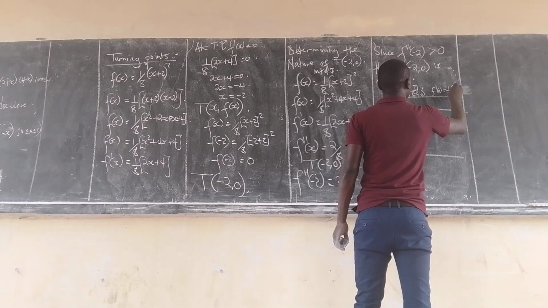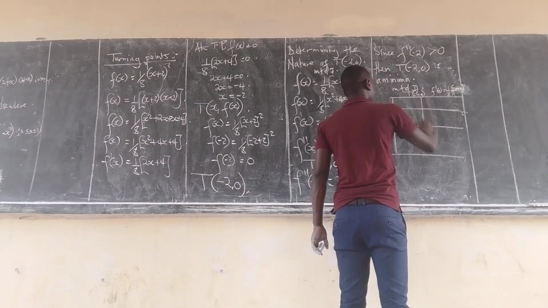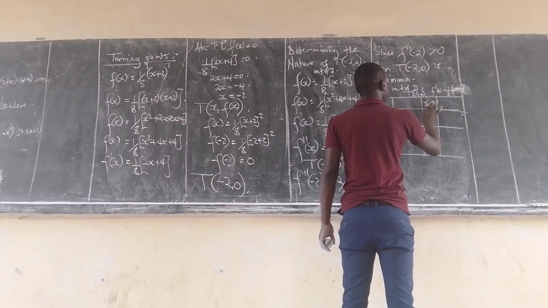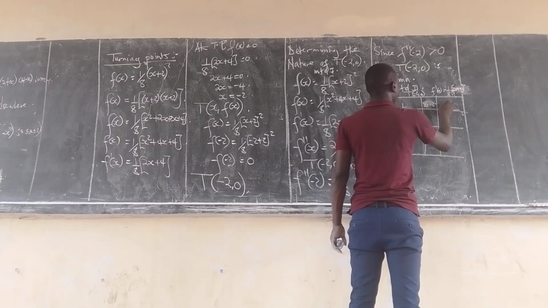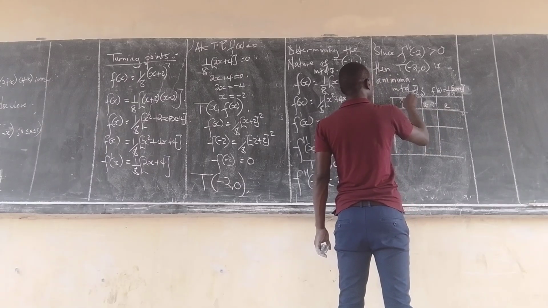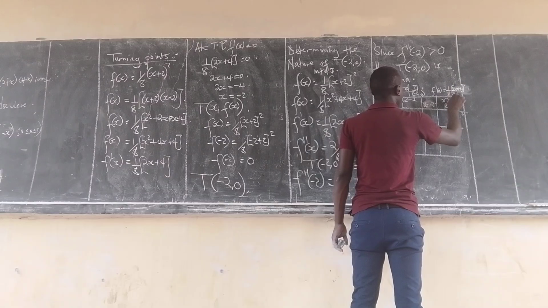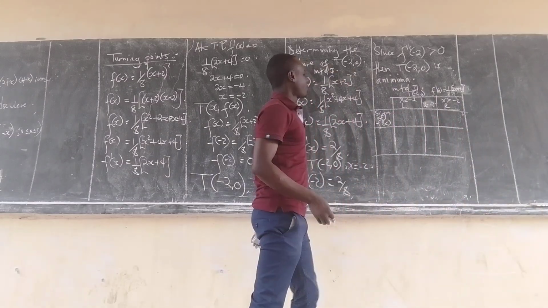So we need what happens when x is negative 2. What will happen on the left and on the right? On the left, you pick a value which is less than negative 2, and on the right, you pick a value that is greater than negative 2.